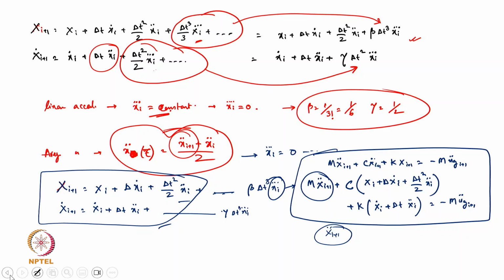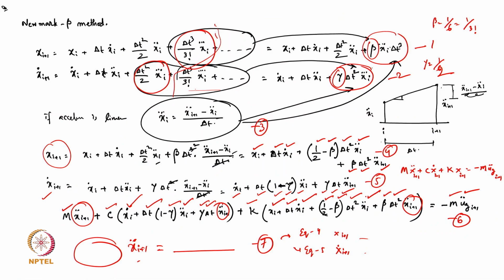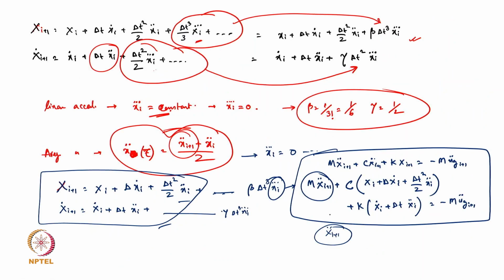Because in the last case, if you see, you have these xi plus 1 double dot here and here. Therefore, you can use 4 and 5, you can solve that. Here, if you go ahead, you can calculate xi plus 1 double dot, but you cannot substitute back xi plus 1 double dot to calculate xi plus 1 and xi dot plus 1.